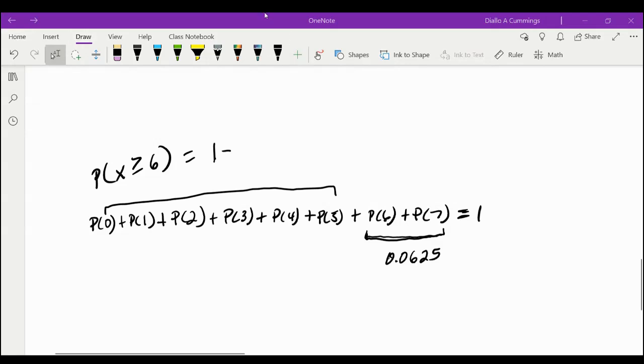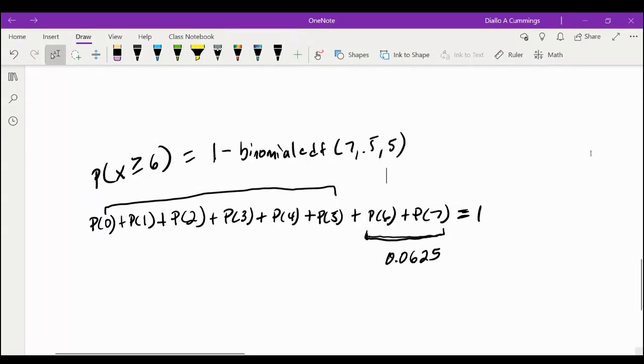I'm just going to enter everything in one step: 1 minus the binomial CDF for 7, comma, 0.5, comma, 5.